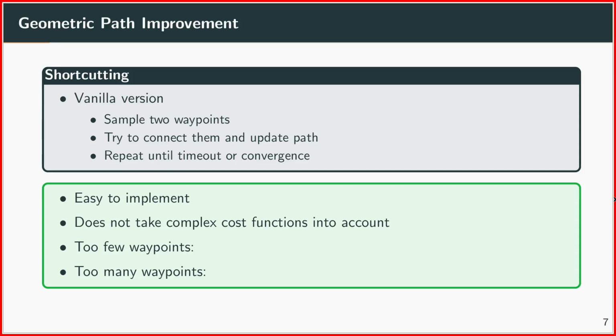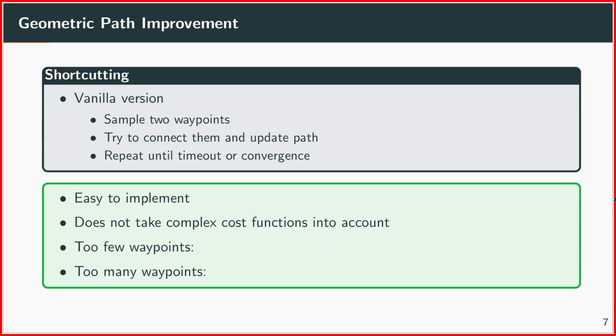The idea in the vanilla version is that you sample two waypoints on your path, you try to connect them and update the path, and you repeat this until timeout or convergence. It's a very simple algorithm, works quite well in practice, and is very easy to implement, and unfortunately does not take any complex cost functions into account.